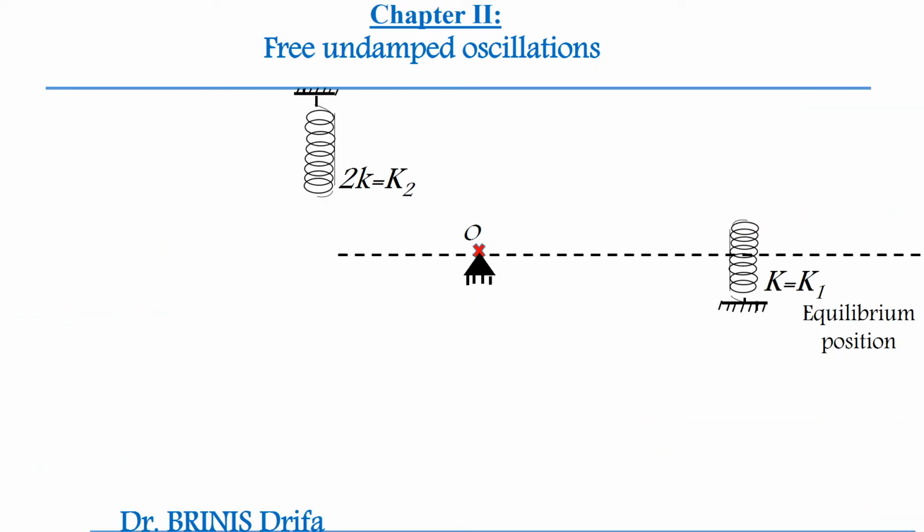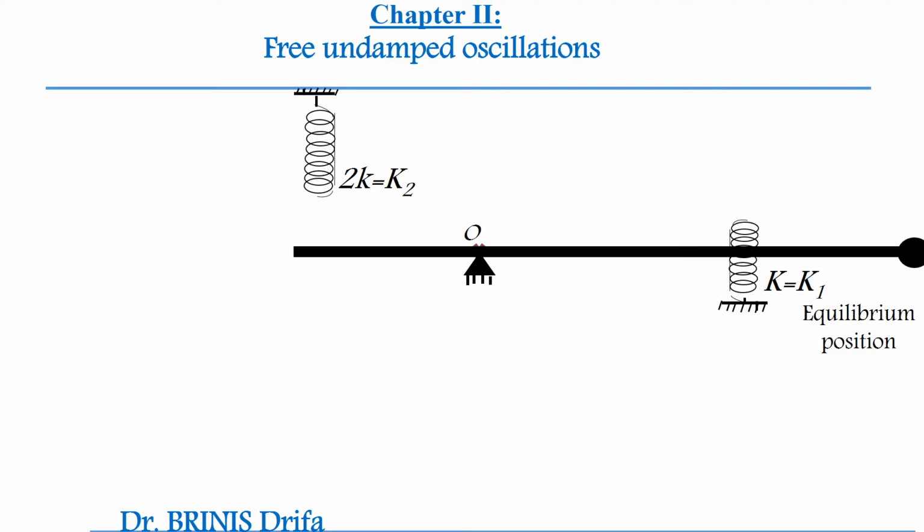My scenario is this one. You see that at rest, K1 has a natural length, and K2 has a natural length, and by putting my masses here, I aim to get theta equal to 0.